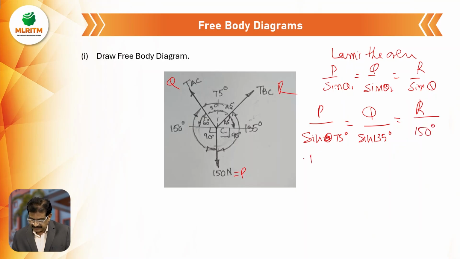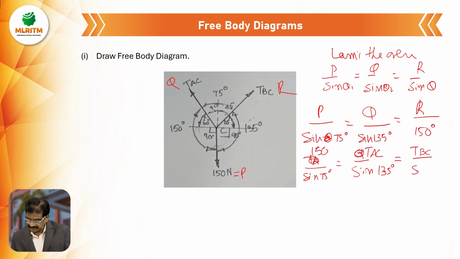P means TAC, sine 75 degrees. Q is TBC, sine 135 degrees, and this is 150 over sine 150 degrees.